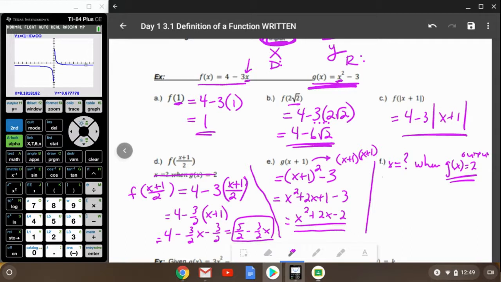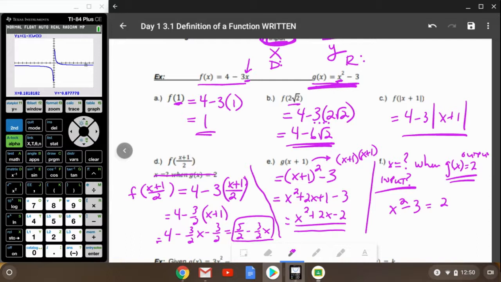So I'm asking, what's the input? I take my g of x, that's the equation we're using. I'm going to let x squared minus 3 equal 2, because that's what's being asked. It's saying what is x when your function comes out to give you 2 as your value? That's what it's asking for.